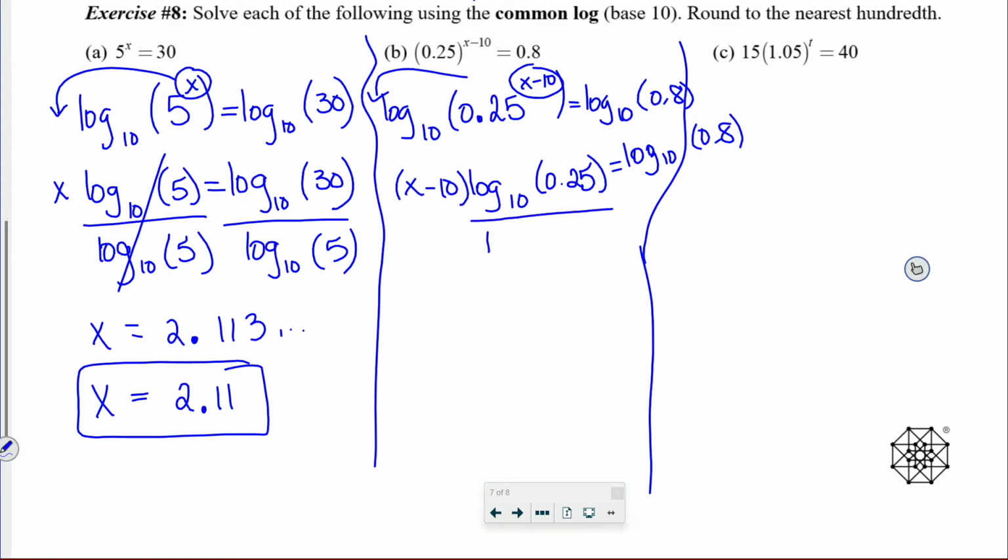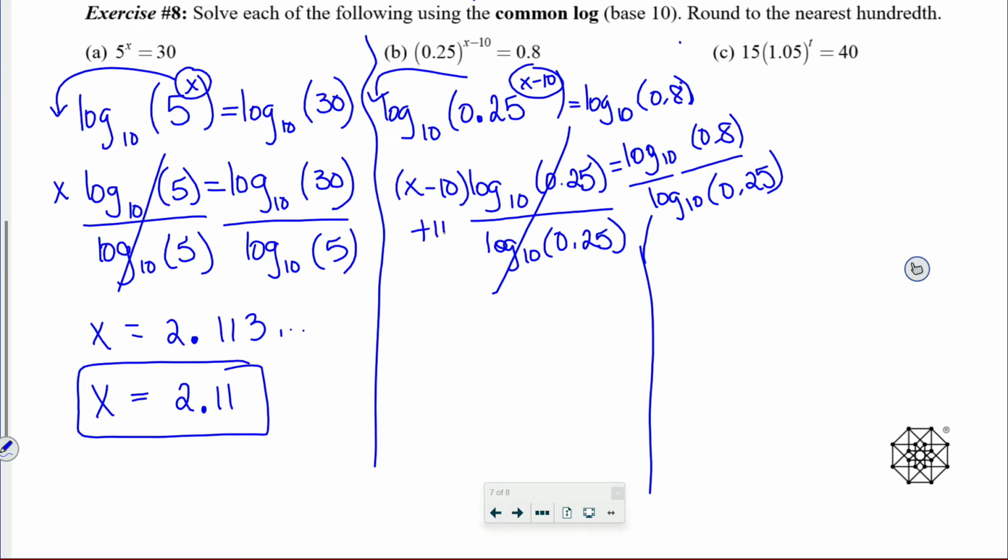I'm now going to divide both sides by the log base 10 of 0.25. You guys are going to be like, there's a line going through everything, Kirk, and there is. So divide both sides by log base 10 of 0.25. Cancels that out. I don't want to know what that ratio is equal to.